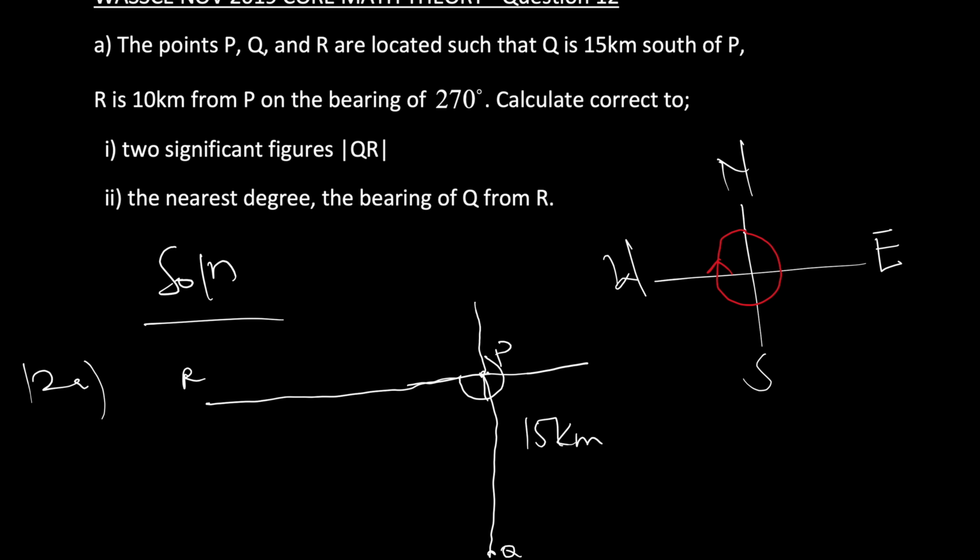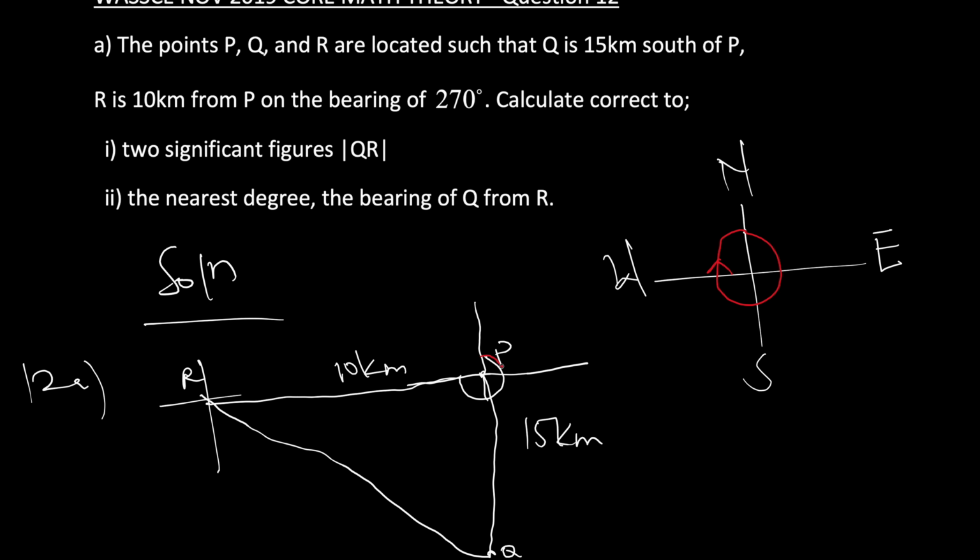The distance from P to R is 10 kilometers, and we have our Q here. So we can connect Q to R. The whole of this is 270.